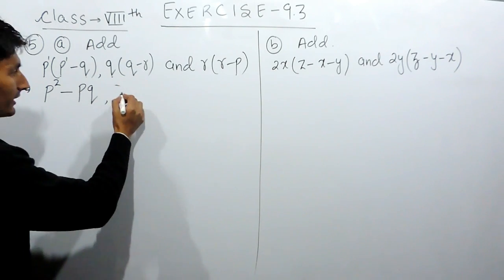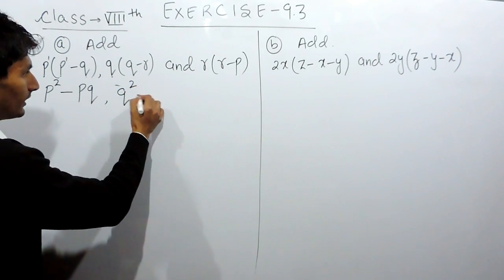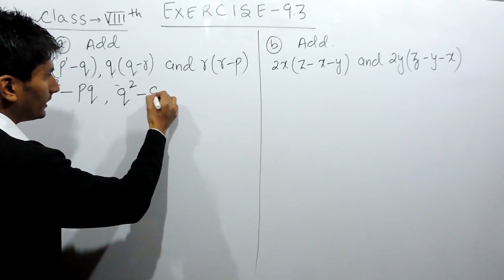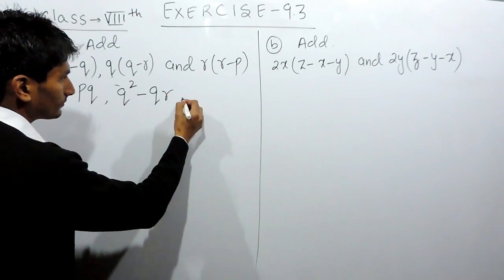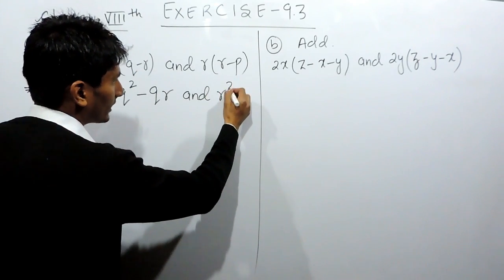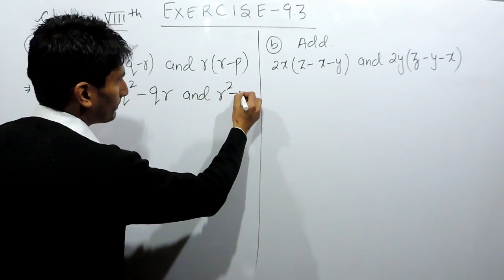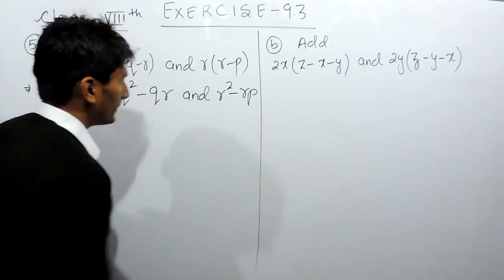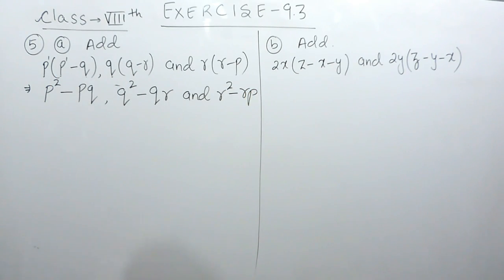Similarly, q multiplied by q will be q square, and q multiplied by r will be qr. And the third one, r multiplied by r will be r square, and r multiplied by p will be r multiplied by p. Now we have to add this.